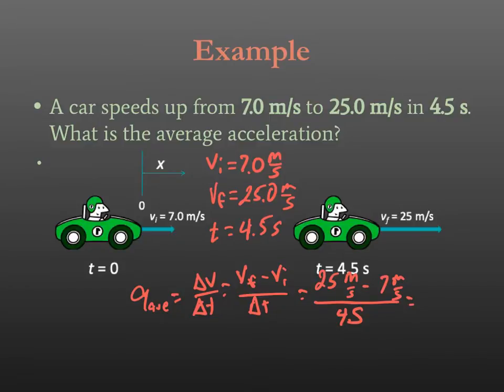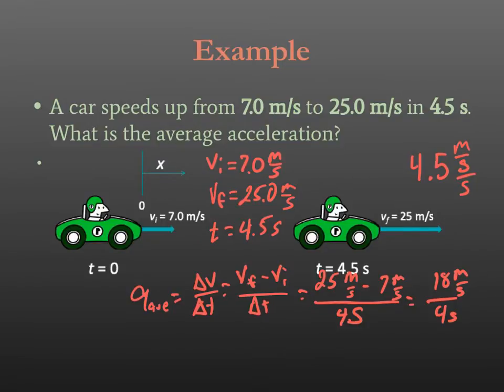So then I have 25 minus 7 is going to be 18 meters per second over 4.5 seconds. So that gives us 4, and looking at our units, meters over seconds, our units are as such.